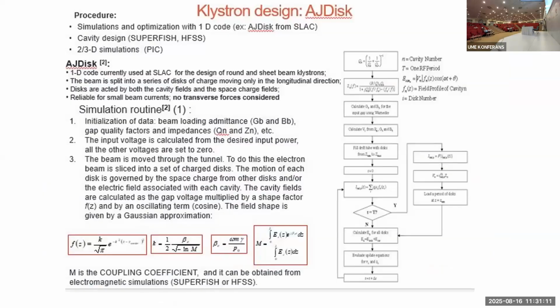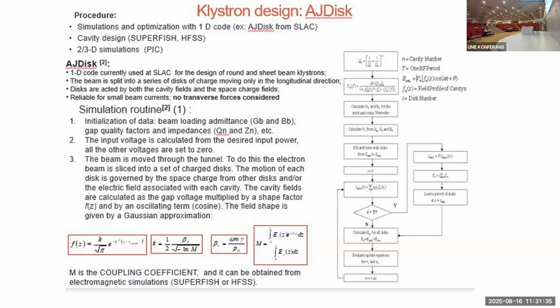How does it work? I don't know the AJ Disk. I didn't work with it because one of my young ladies was very professional in this one, and that's the explanation of how the AJ Disk works.